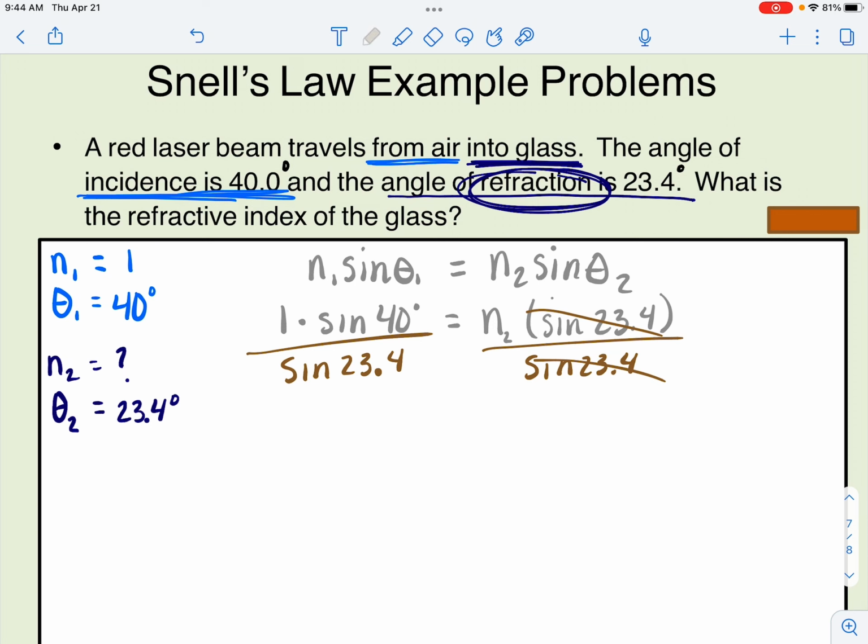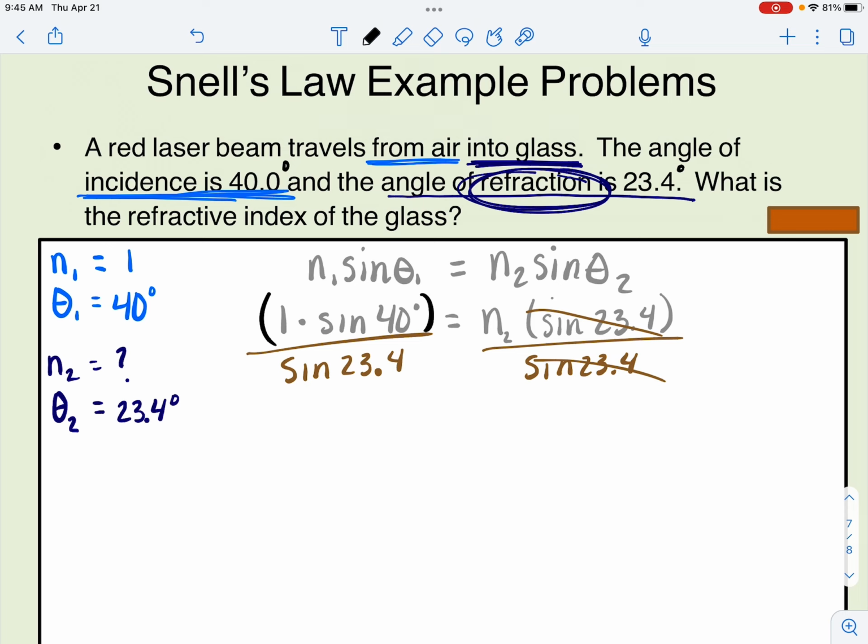And if I'm putting this in my calculator, I am going to open a parenthesis. I'm going to say 1 times, make sure you hit the sine function. It's going to ask you for your number, input your 40, close your parenthesis for your numerator. Then say divided by, hit the sine button, put in your 23.4.